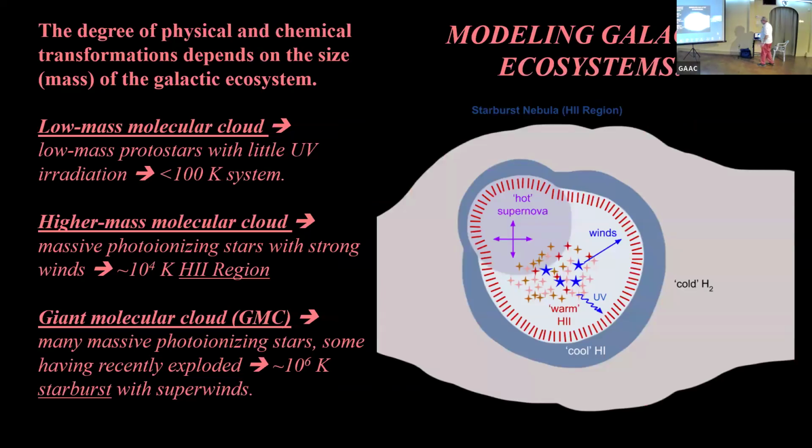So to model all this, I've got a cartoon for you. A lot of it depends on the size of the galactic ecosystem, but in general, they all start with cold molecular gas and maybe a halo of atomic gas. But inside, where there are stars forming, you get energizing, and there's a transition from the molecular hydrogen to the atomic hydrogen, where photons have ripped apart the diatomic hydrogen molecules.